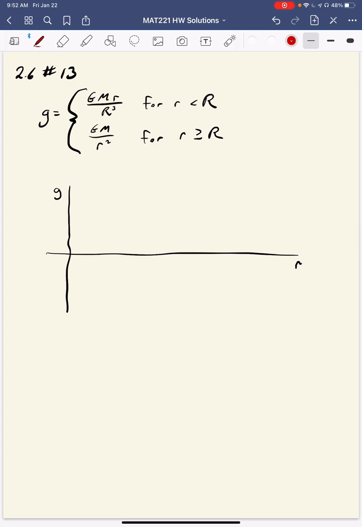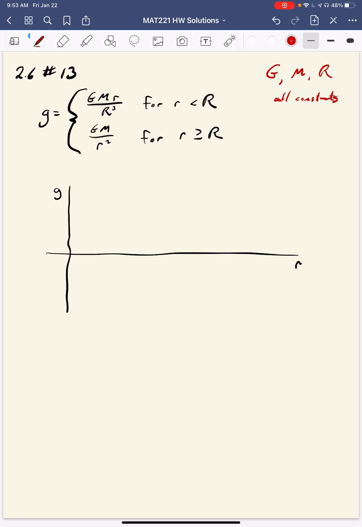We're told that uppercase G is the gravitational constant, m is the mass of the Earth, and uppercase R is the radius of the Earth. So in other words, G and M and R are all constants. They're not varying. That's why only the lowercase r and the g are what we see in our graph.